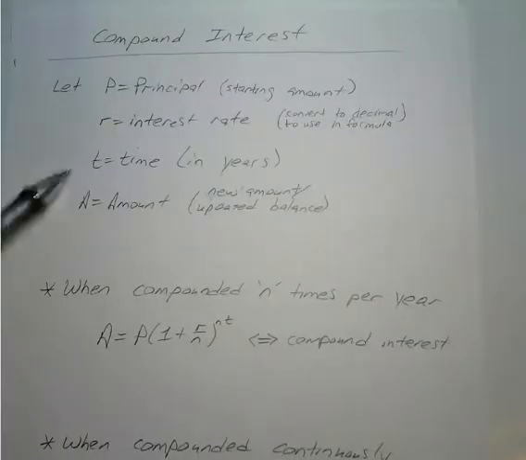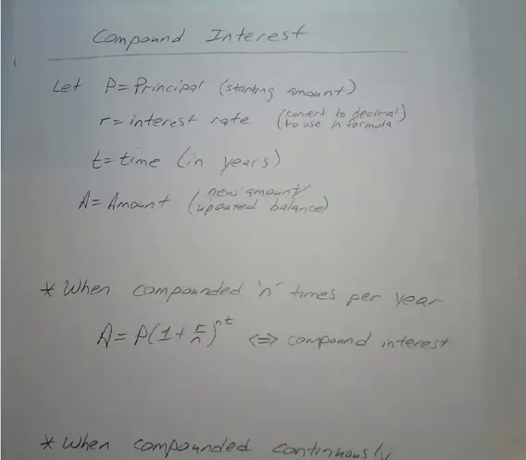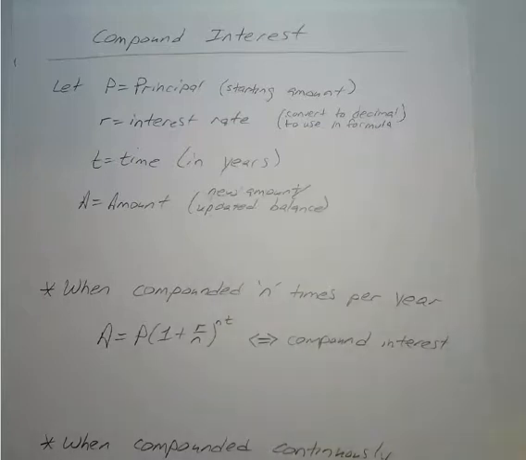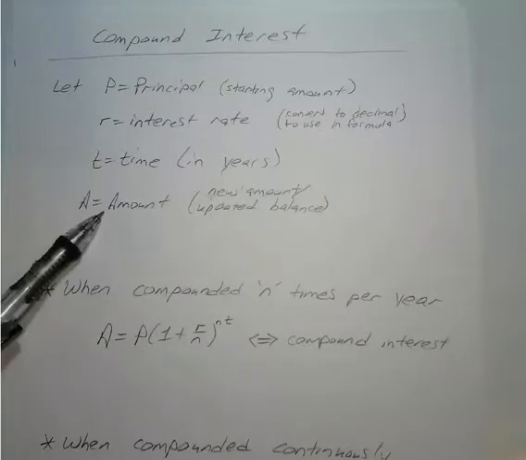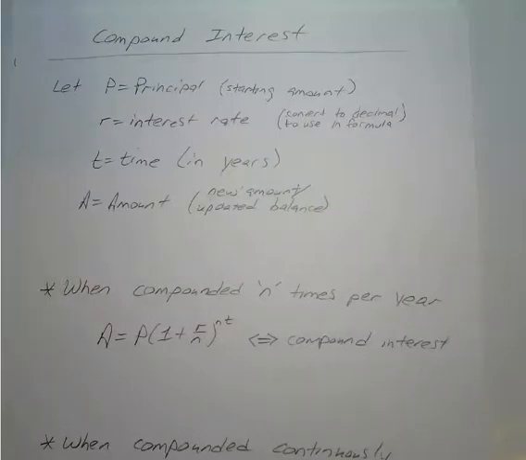If we let the value p equal your principal, that's basically your starting amount. Let r equal your interest rate, which of course you want to convert to decimal form to use in our formula. We'll let t equal our time in years, and we'll let a equal our new or updated amount.